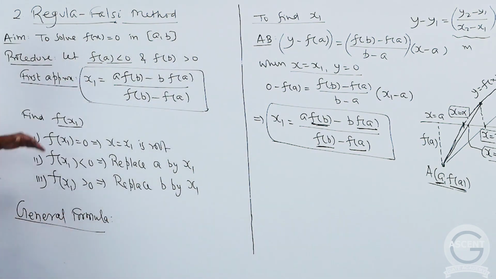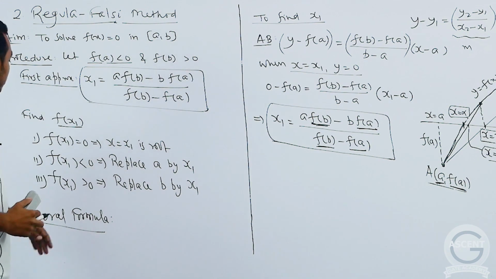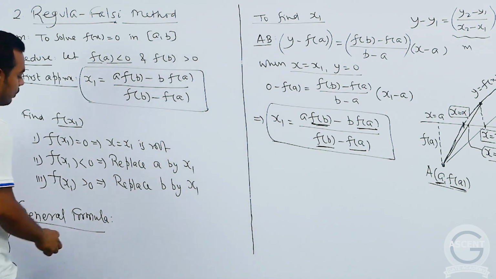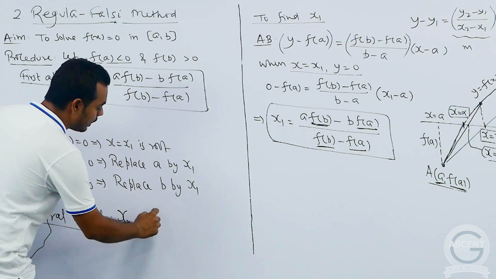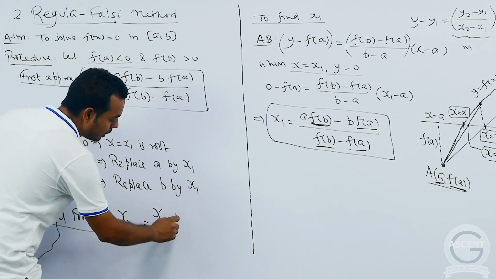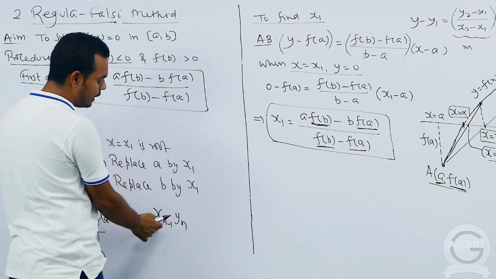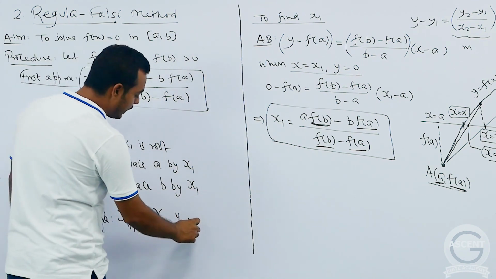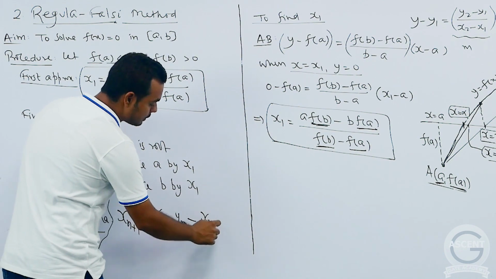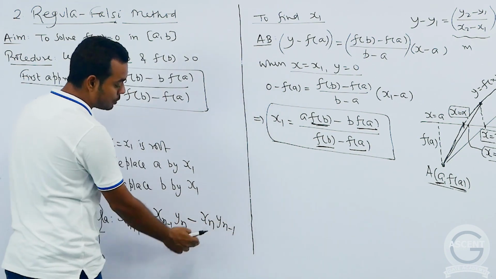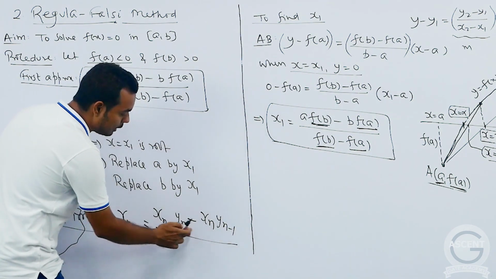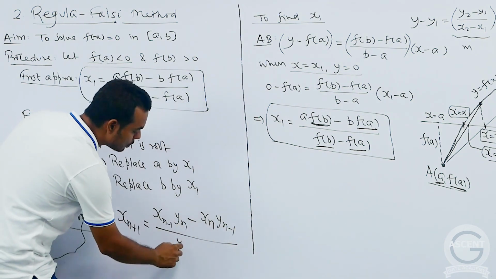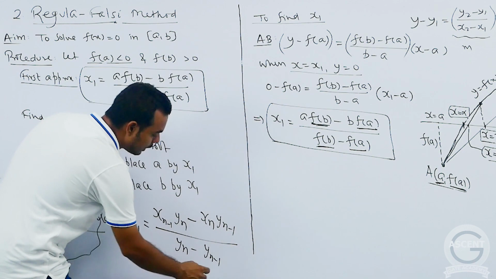Once you have calculated the first approximation x1, the other steps are similar to the bisection method. And here the general iterative formula will be x(n+1) equals x of first point, y of second point, so x(n-1) yn, minus x of second point, y of first point, so xn y(n-1), divided by, in the denominator, y in the same order, so yn minus y(n-1).